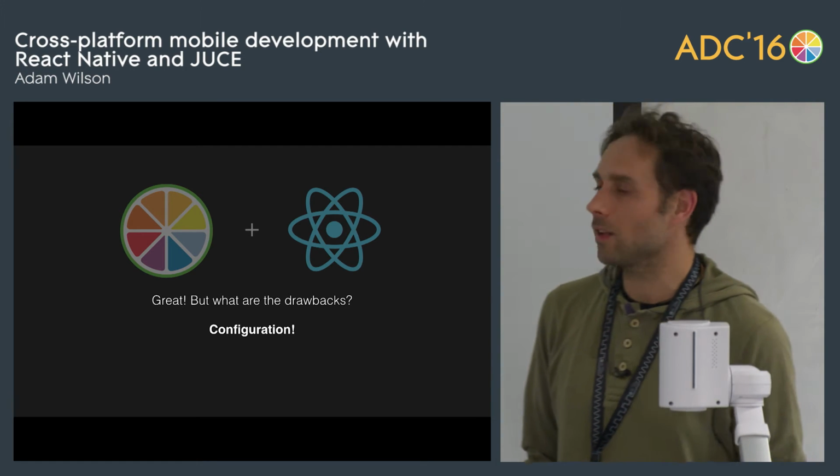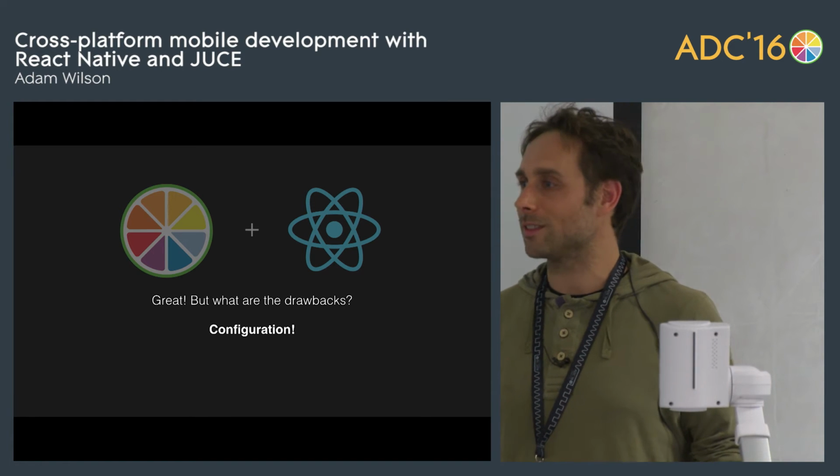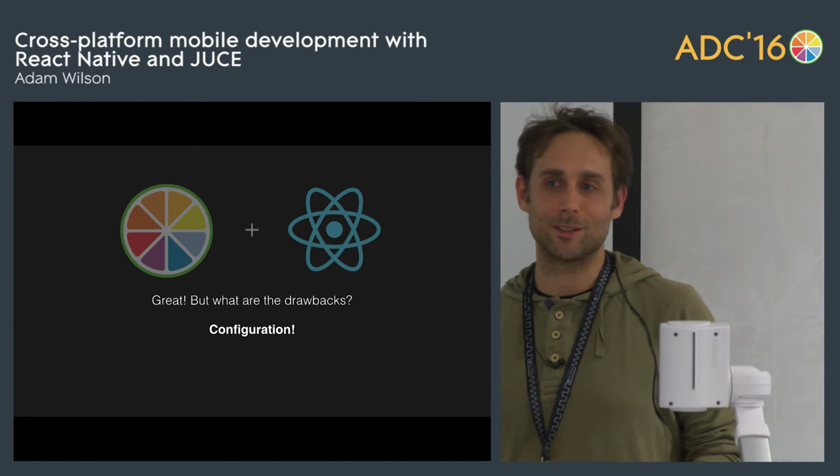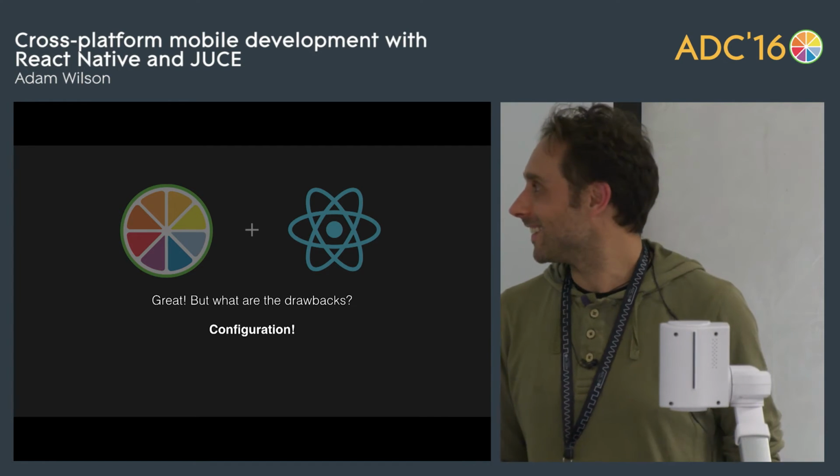But I feel like I've done most of the legwork, so if anyone wants to try it out, you can have a look at my demo app and use my fork of JUCE, and you won't have too much to deal with, hopefully.